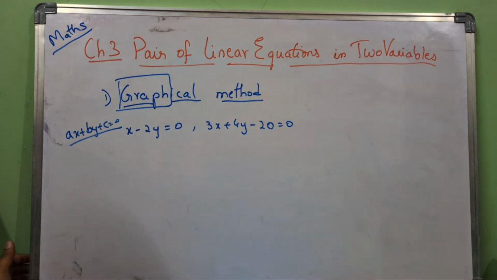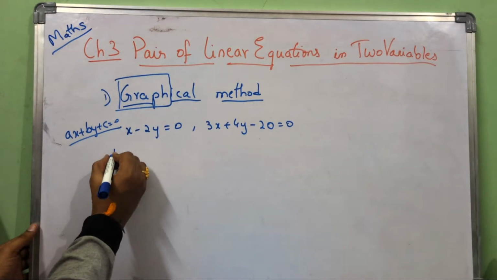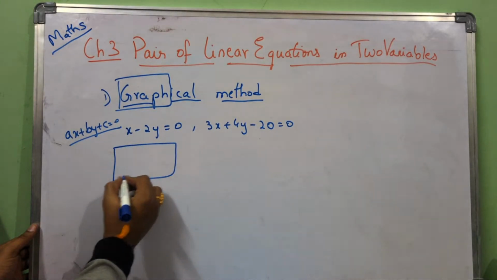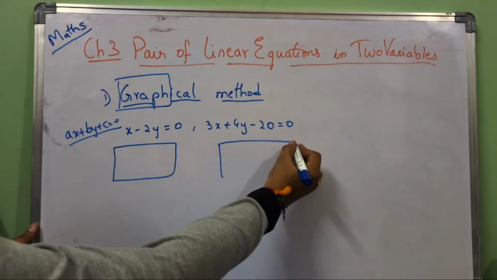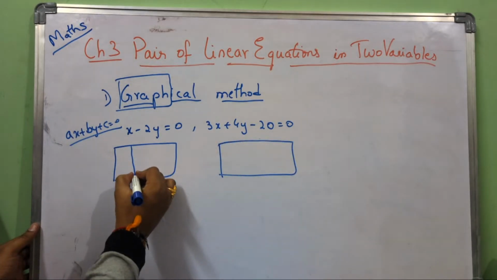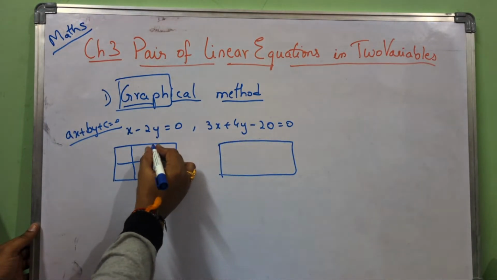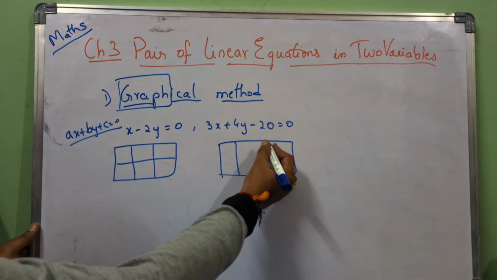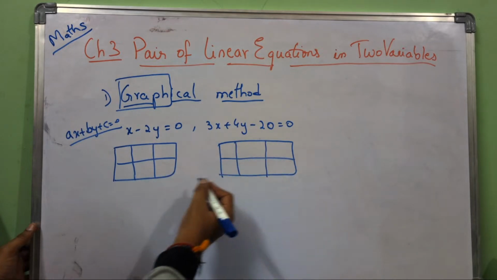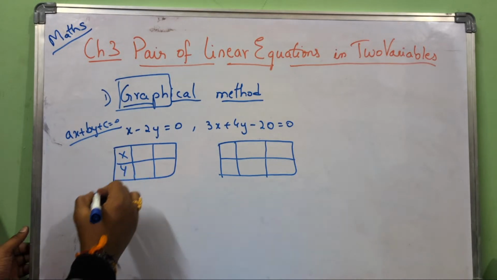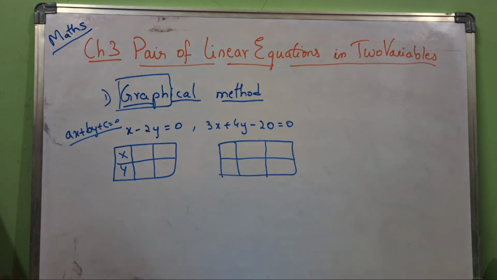But as this is intersecting lines, we will solve it using a graphical method first. To solve it graphically, first we need at least two points for both the equations. Then we can join those 2 points and we can get the line.